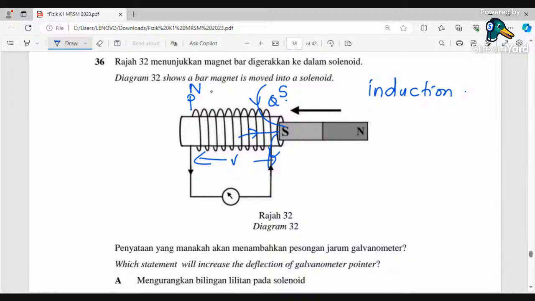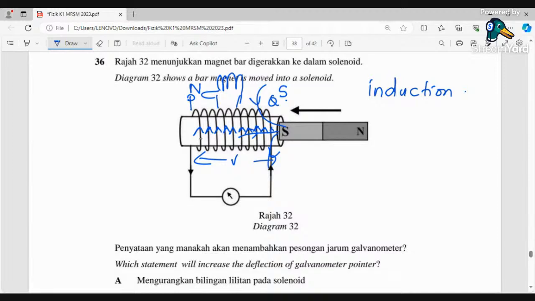Your thumb is pointing to north. Ini tangan. And then the other forefinger curl. Okay. So curl from front to back. So you can see direction of current in the solenoid is this direction, front to back. So that's why it's going down here.